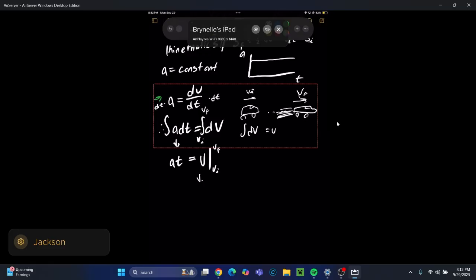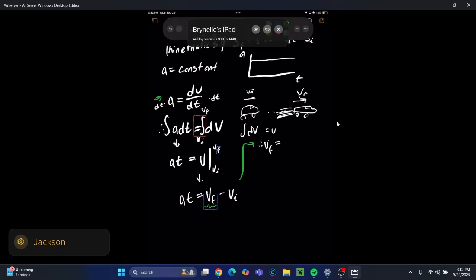And then if we solve that out, we have at equals v final, so upper bound minus lower bound. And then if we just solve that for v final, we get that v final, and those three dots just mean that some processes happen, so don't worry about those. v final equals v_i, because we added it to the other side.